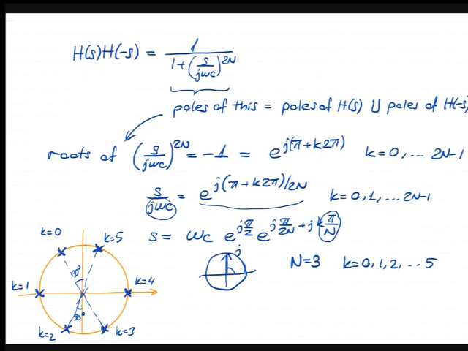So these 3 should be the poles of h of s if h is supposed to be the transfer function of a stable system. Okay? So that's the idea. That's the pole structure of a Butterworth filter that is of degree 3.